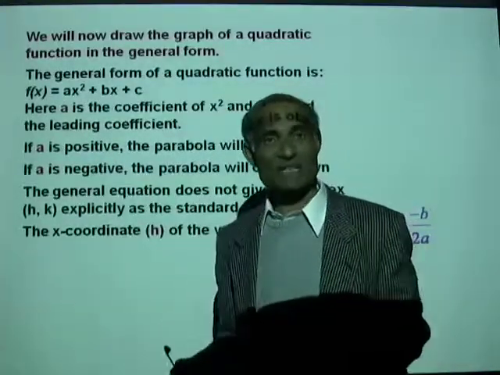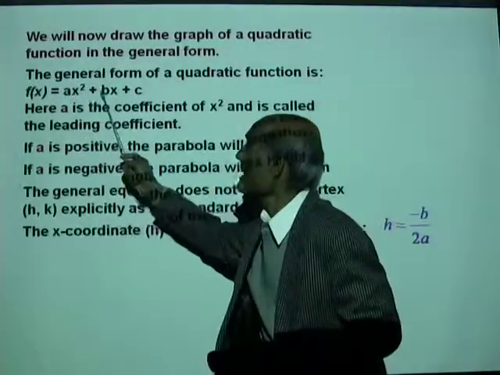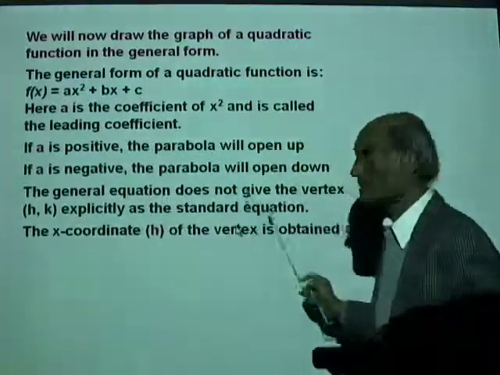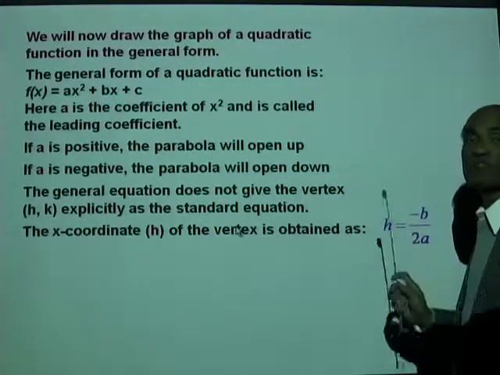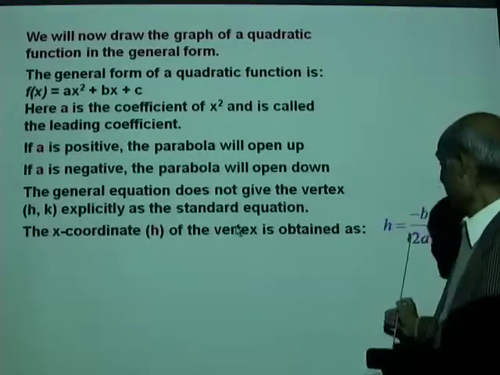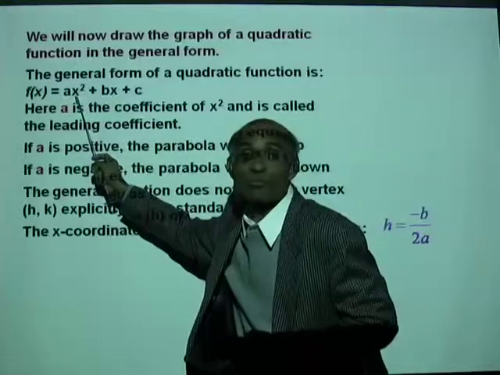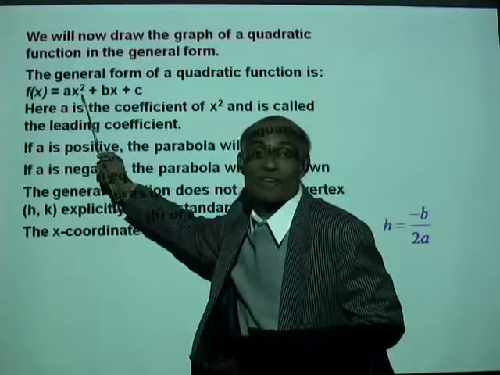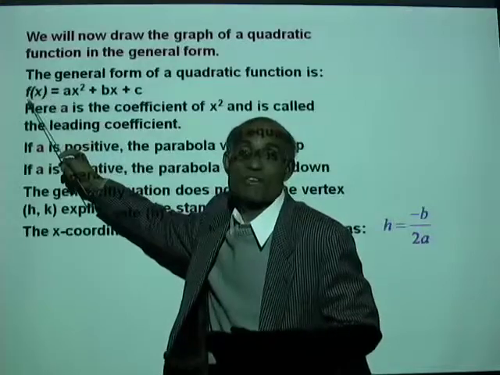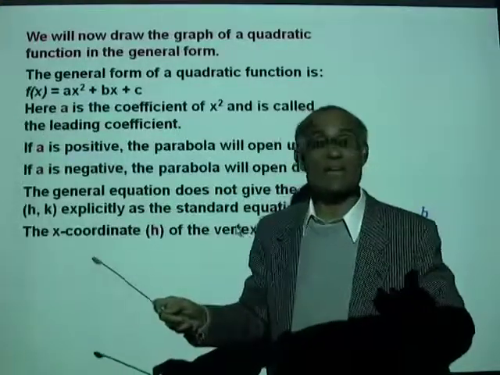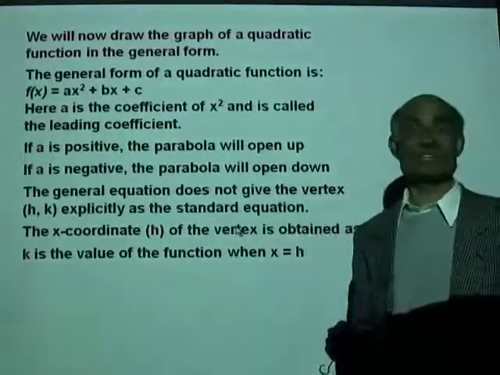Did you understand what I said? Using the values of a and b, first obtain your h = -b/(2a). Then bring that value of h and replace it for x and calculate the value of y. y means f(x), and that will be your k, and that will give you (h, k), the vertex.